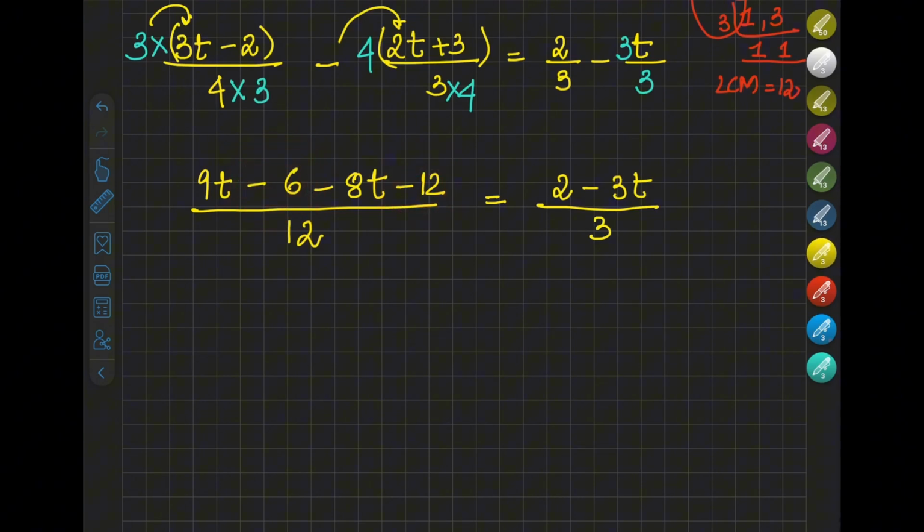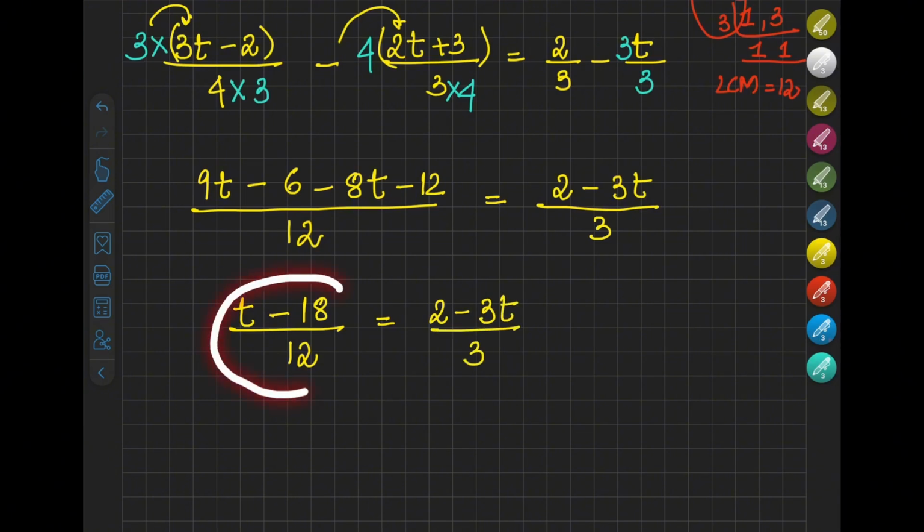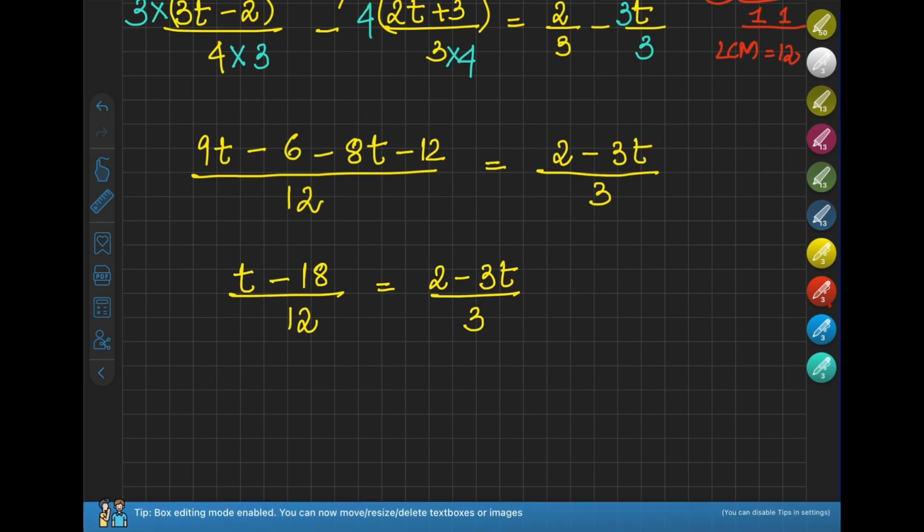So I get 9 minus 8 is 1, and minus 6 minus 12 is minus 18 by 12 is equal to 2 minus 3t by 3. Now if you look at the expression here and here, this is in the most simplified form, meaning I cannot further simplify other than doing the cross multiplication.